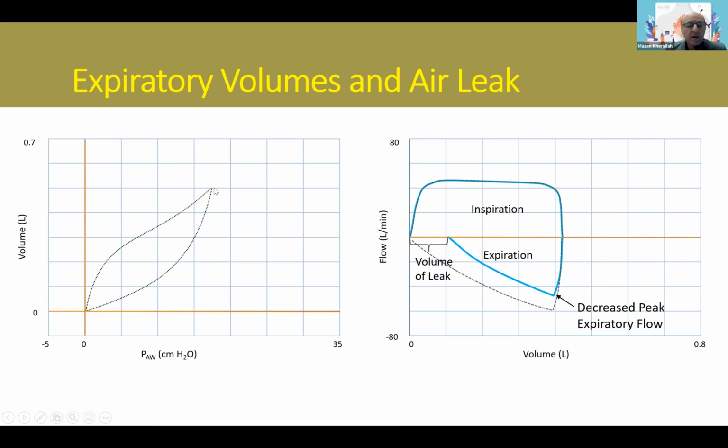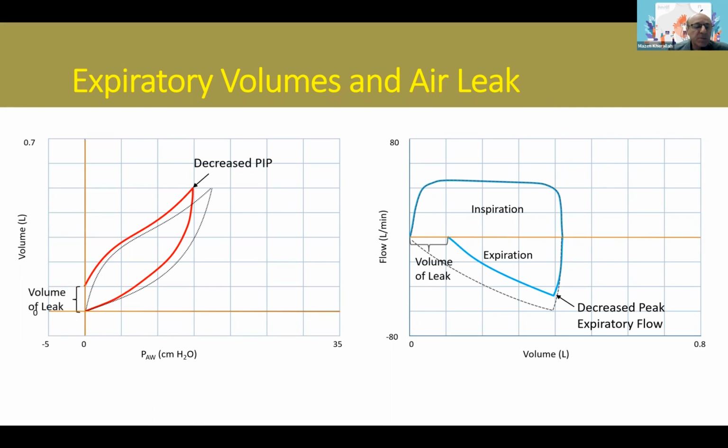And then in expiration, the pressure goes down from the inspiratory pressure all the way to zero. If we have a leak in the system, as I mentioned before, look at the pressure, it won't go up to the same level as the previous breath.